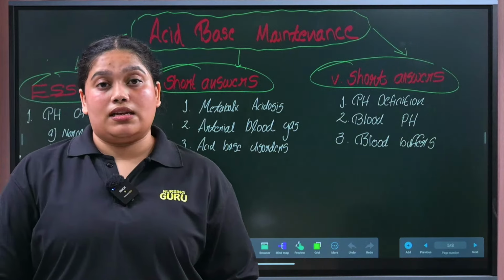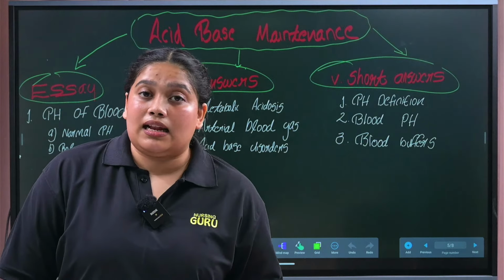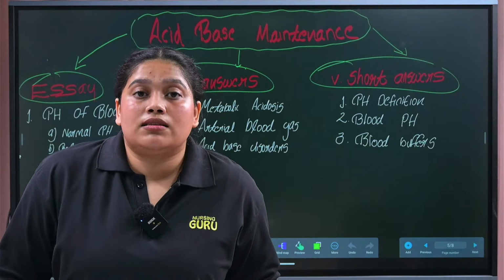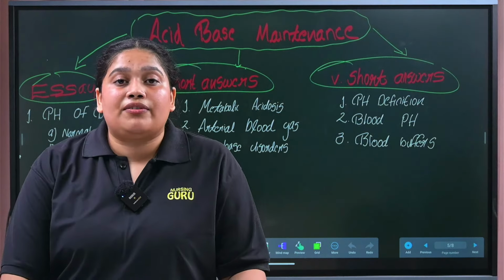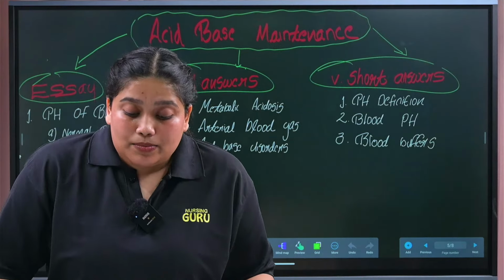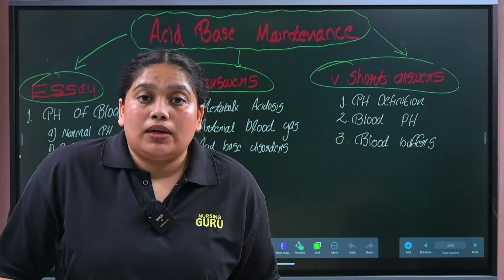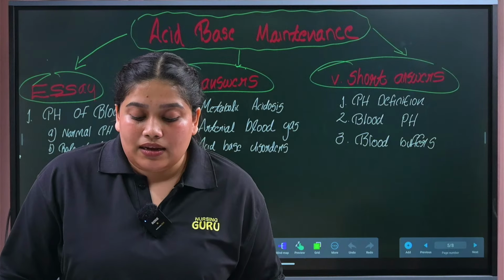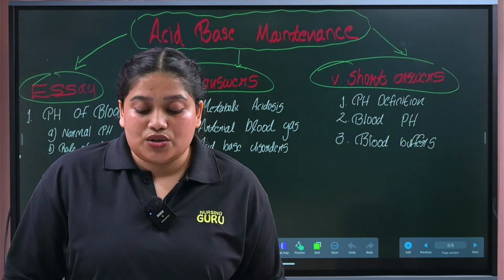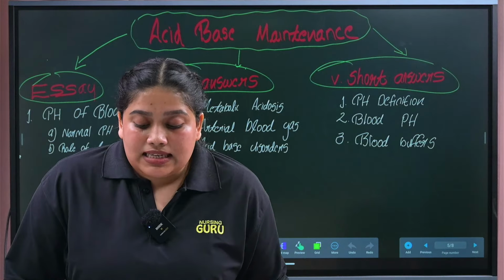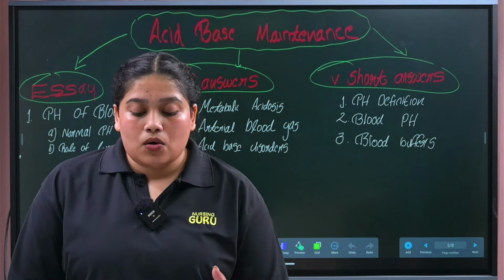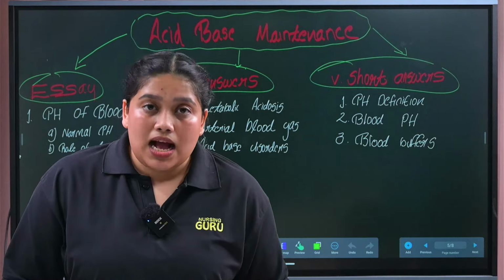What's the third question? Acid-base disorders. There are certain disorders occurring due to acid-base imbalance. So you can classify it as metabolic acidosis, which happens by acid ingestion, decreased renal acid excretion and increased acid production. These all can cause metabolic acidosis.